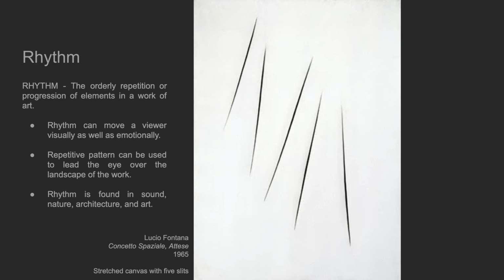What we're looking at here is a canvas that was painted white, and then the artist took a knife and cut the canvas 5 times. Imagine cutting the canvas with a really sharp knife. You're going to do straight lines, and it's going to look just like that. How do you do it?